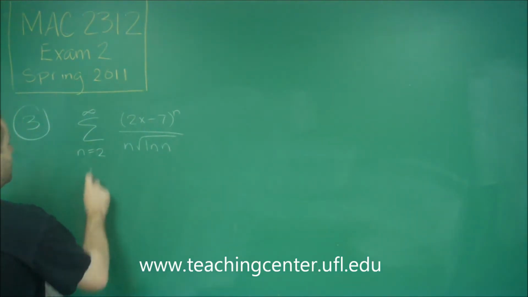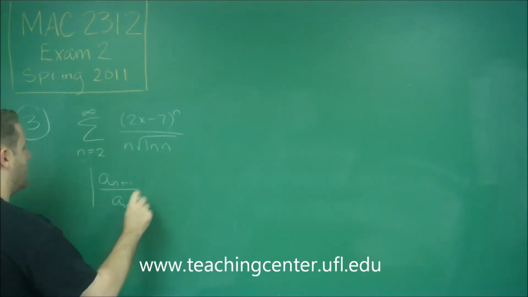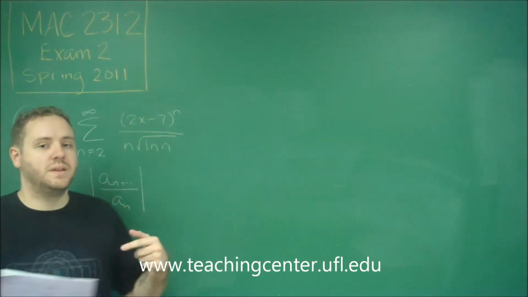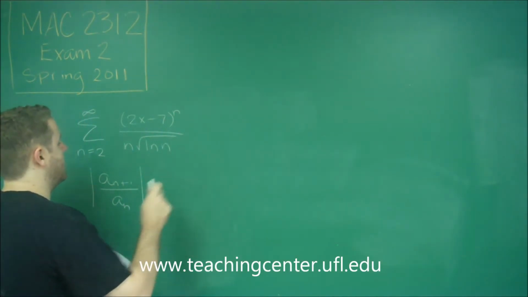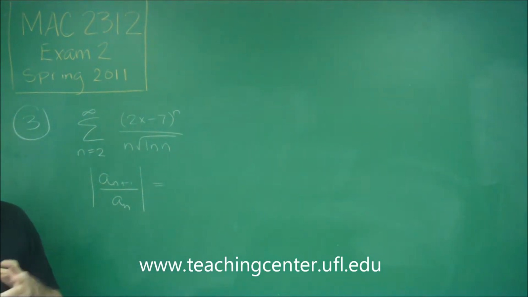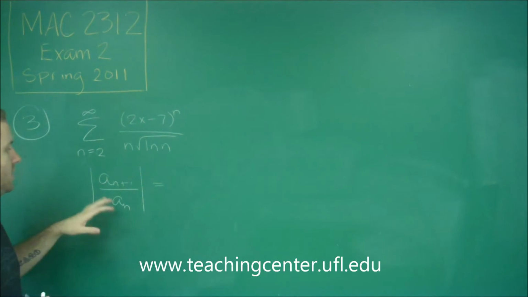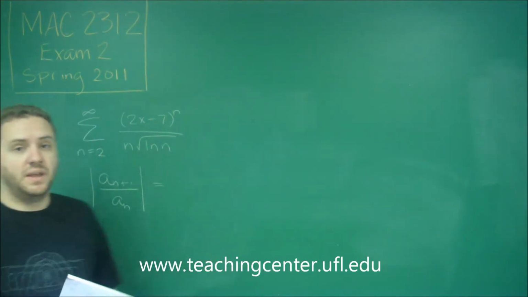So ratio test, we're looking at the ratio of the n plus 1th term over the nth term in absolute value. Remember that you can always write this because most of the time when you're doing ratio test, your series function is a fraction anyway. You're just going to write the n plus 1th and multiply it by the reciprocal of the nth.